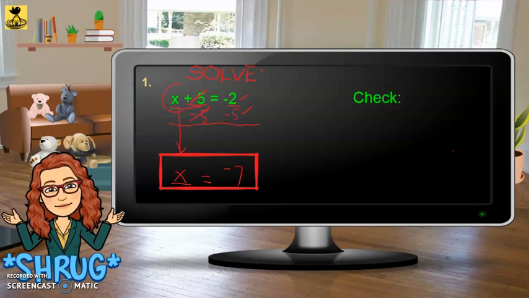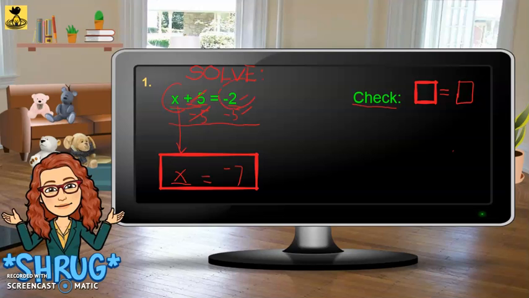How can we be sure that it is correct? We will do the checking. When we check, we need to prove that the left and the right are equal or have the same values. Our right is negative 2.